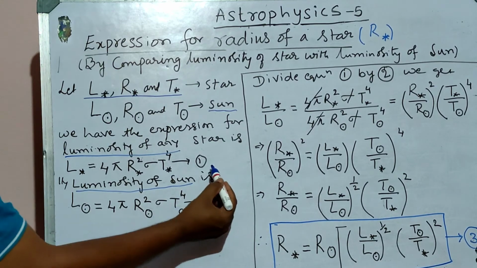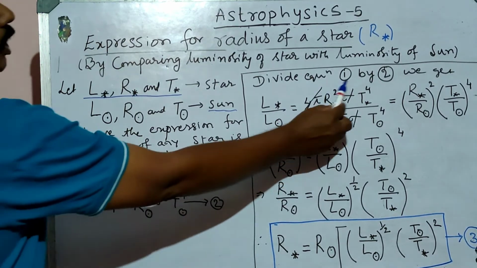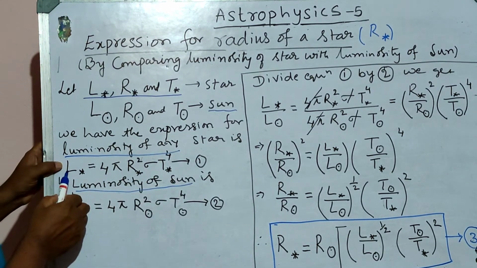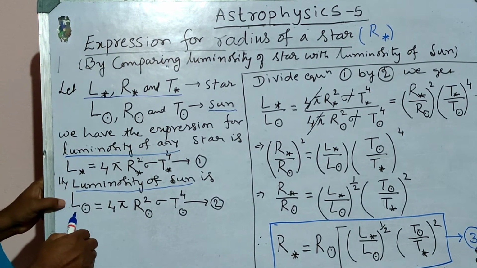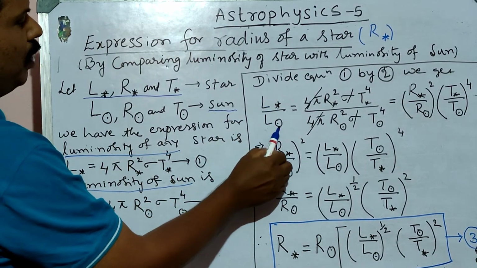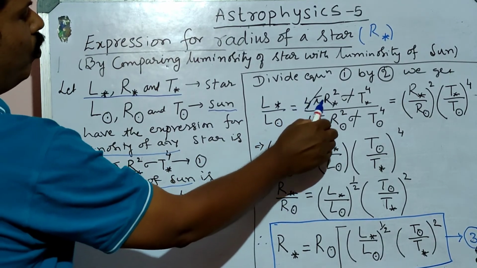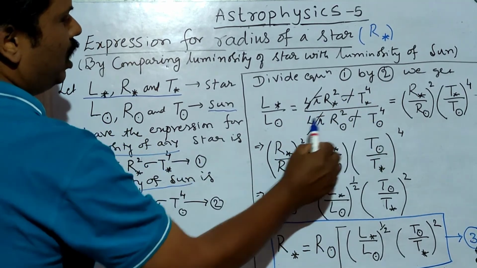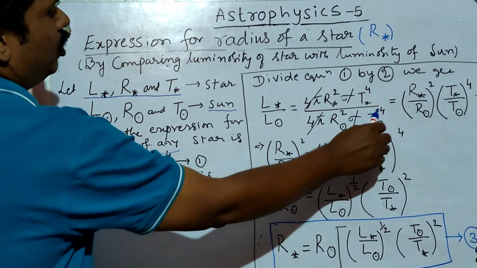Now divide equation 1 by 2. Here L star is on the LHS and the luminosity of the sun. Therefore L star divided by the luminosity of the sun is equal to 4 pi R star square sigma T star to the power of 4, divided by, for the sun, 4 pi R square sigma T to the power of 4.